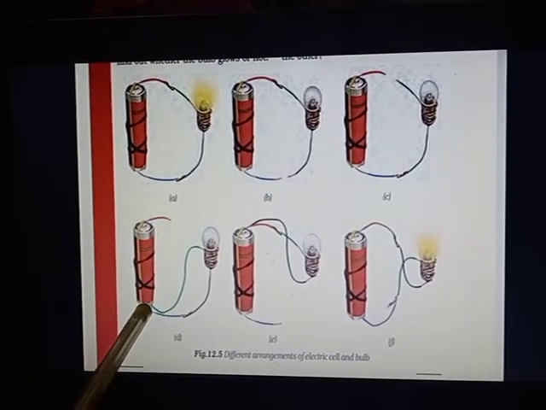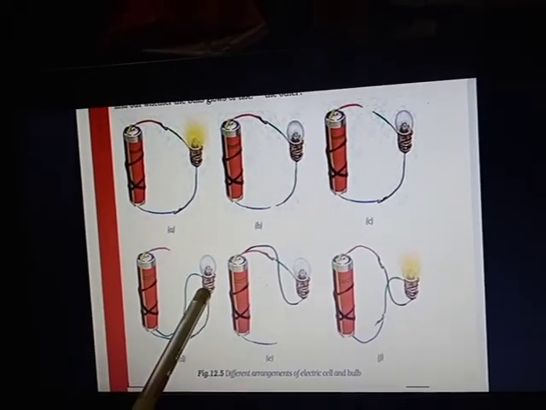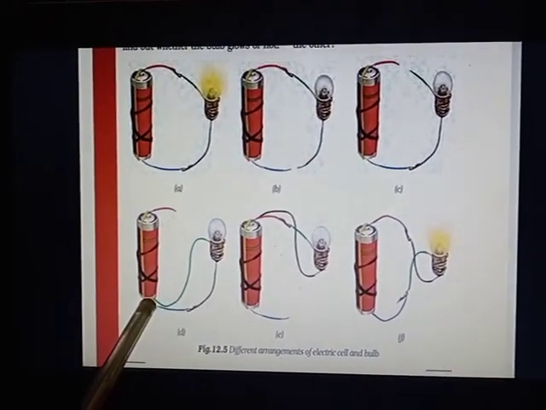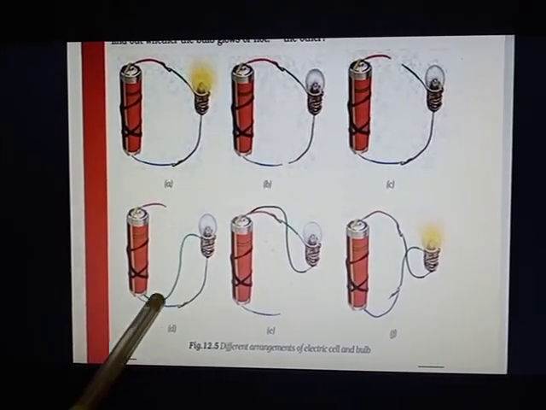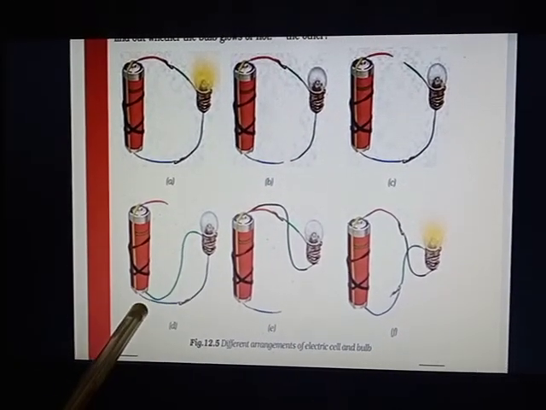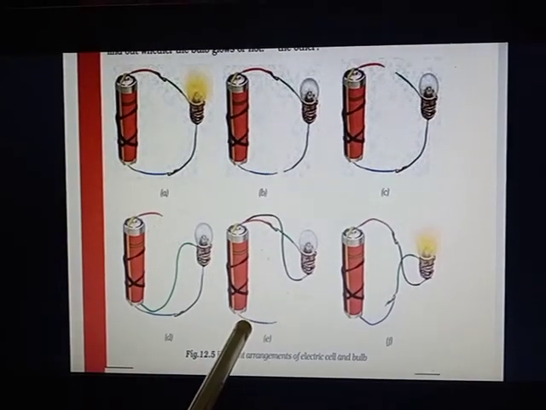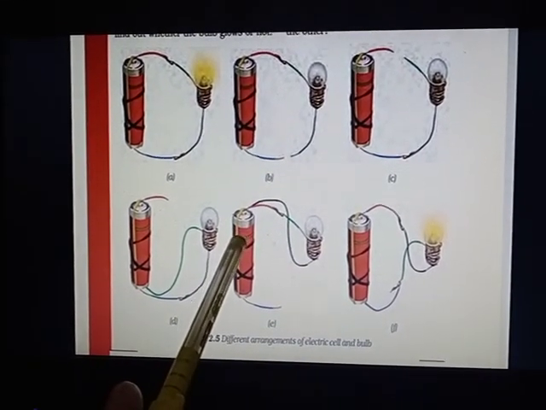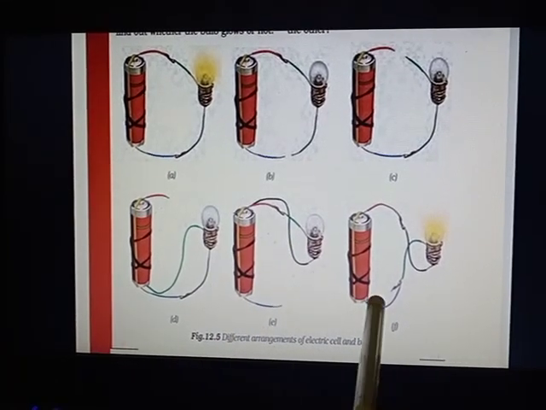In this condition, both the terminals of the bulb are connected to the negative terminal of the cell. So here also the bulb will not glow. Similarly, here both terminals of the bulb are connected to the positive terminal of the cell. So here also the bulb will not glow.